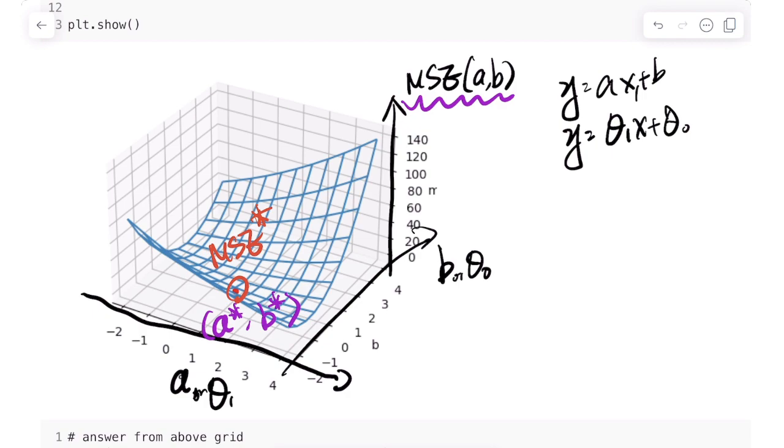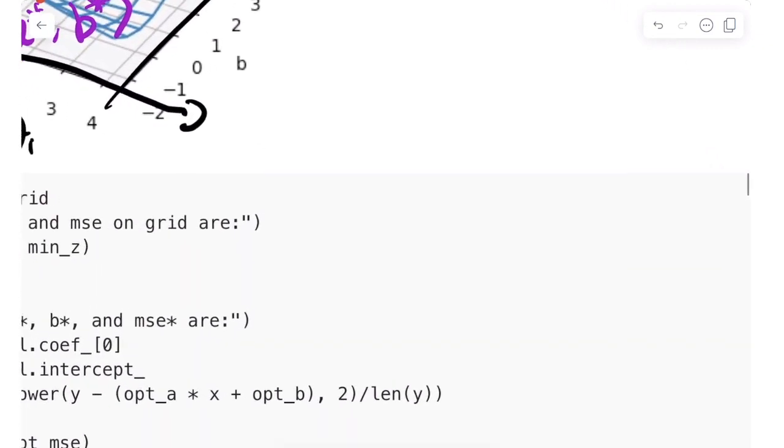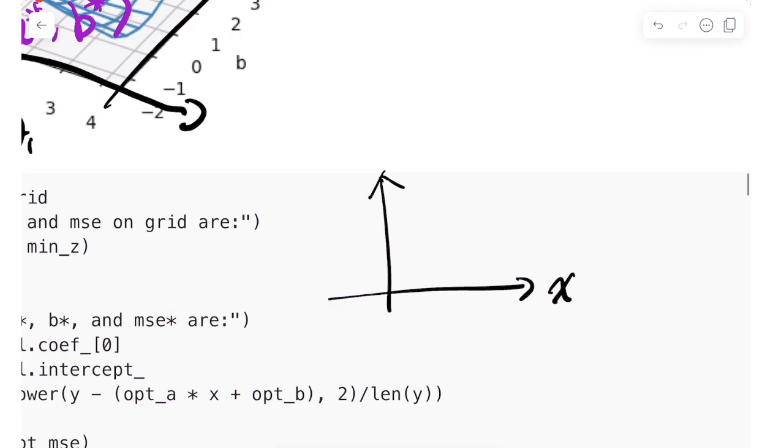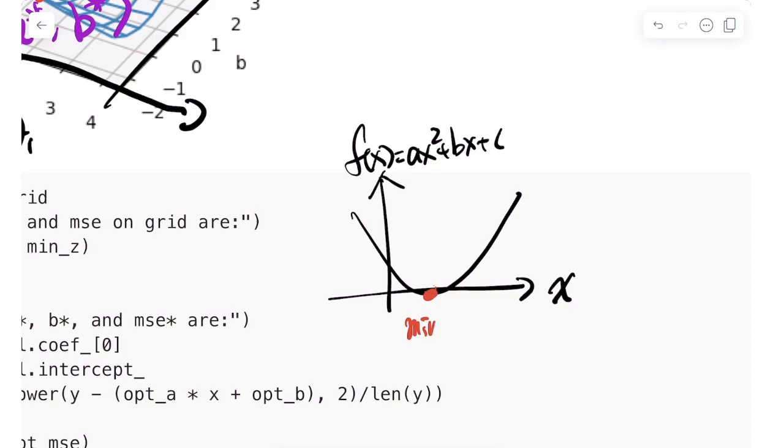There are several different ways to do such kind of things. For example, let's use a simplified example. If there is an x and there's an f(x), it should look like this, right? There's always a smallest minimum x value right here.